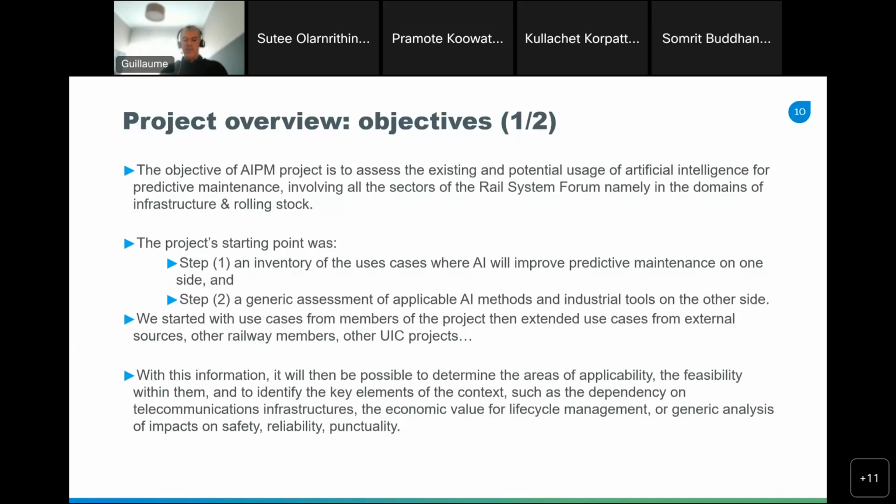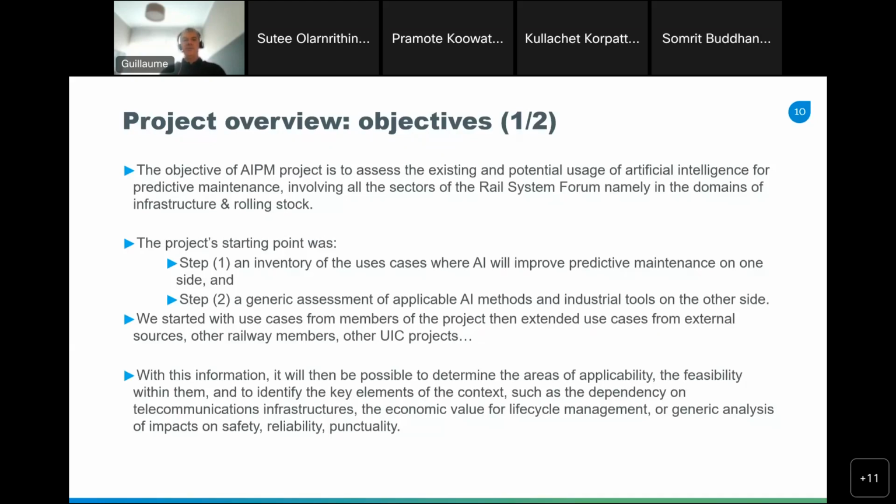With all the information, it's then possible to determine the areas of applicability and the feasibility, and to identify the key elements of the context, such as dependencies with the telecom infrastructure. It could be 5G, it could be IoT or whatever.